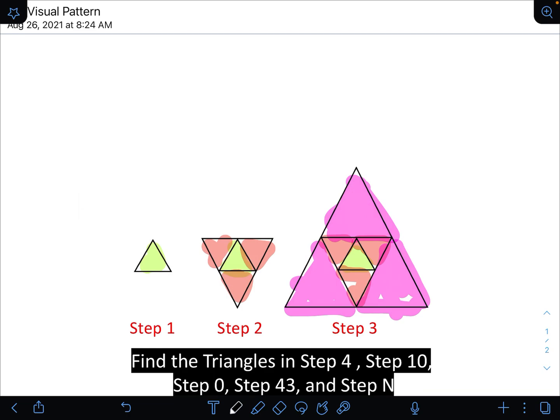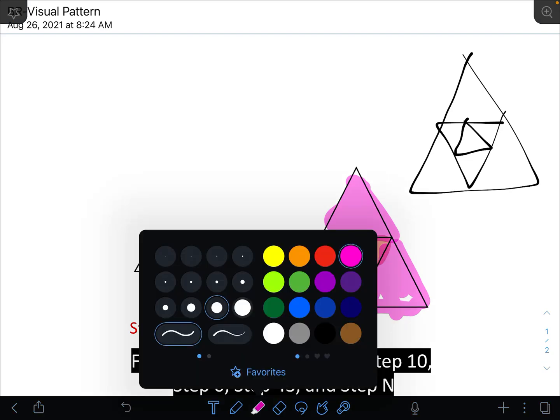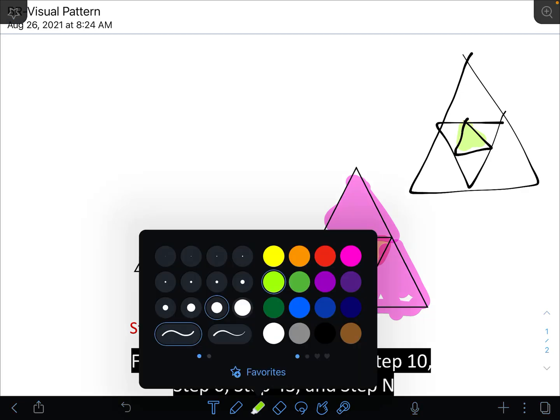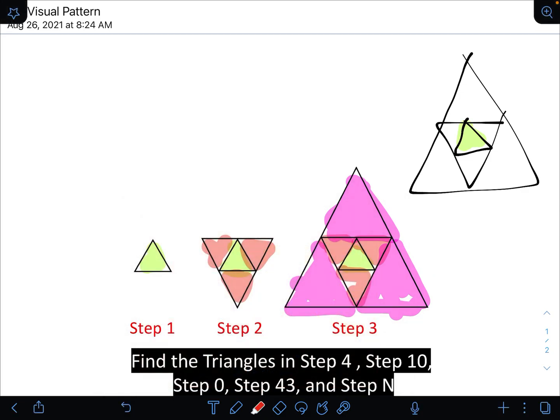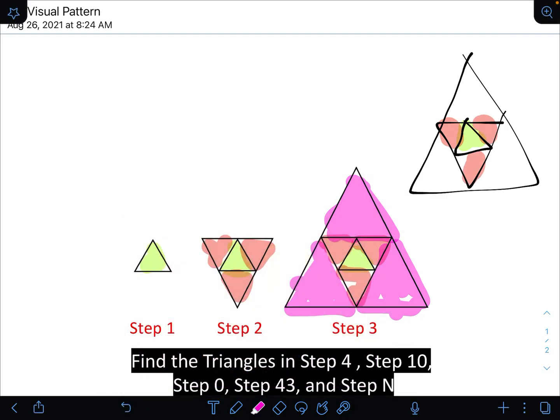Let's see. In step four, make sure I got these. So you'd have this triangle, you'd have these three more, and then you would have these ones.